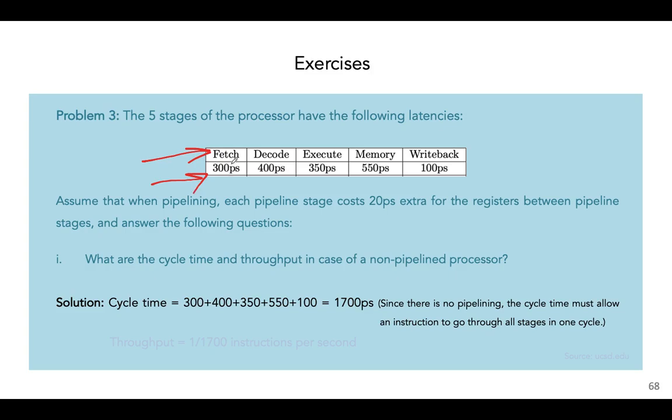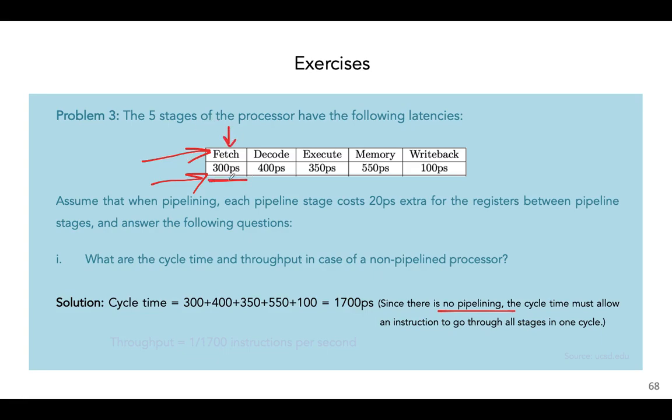So you simply add up 300 ps plus 400 ps plus 350 ps plus 550 plus 100 ps, right? Since there is no pipelining, the cycle time must allow an instruction to go through all stages in one cycle.